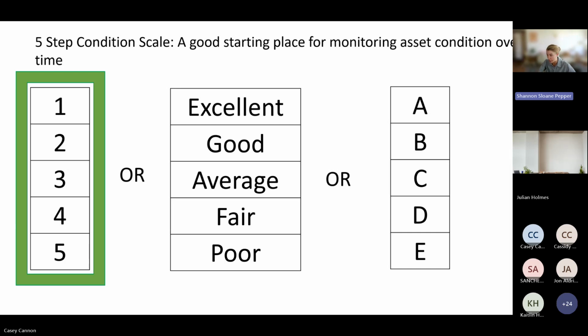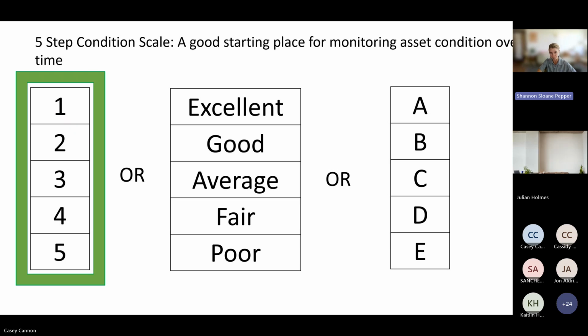It makes it a little bit easier to calculate if you're going to incorporate your condition into any formulas. But if it's not intuitive enough, you can also use condition scales like excellent to poor or A to E or F. Whatever makes sense. There's no standardized way of doing it, just what makes the most sense for you and your system.